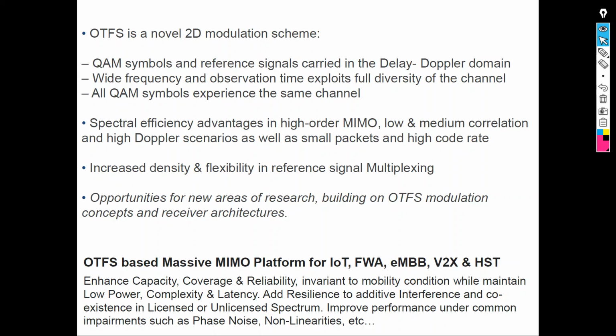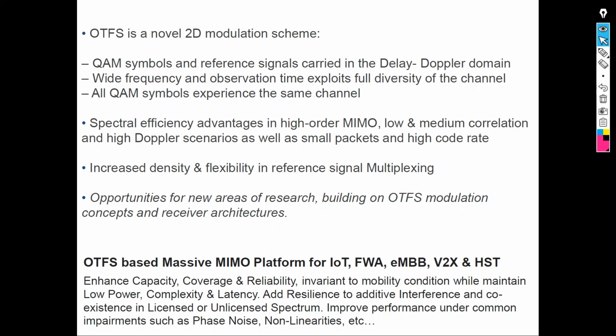When you combine OTFS with a scheme that was used to serve a certain use case, you can bring more advantages, which is very useful and desirable in wireless communication.